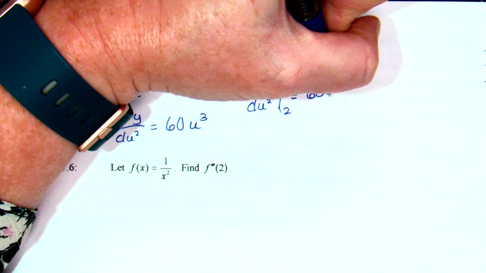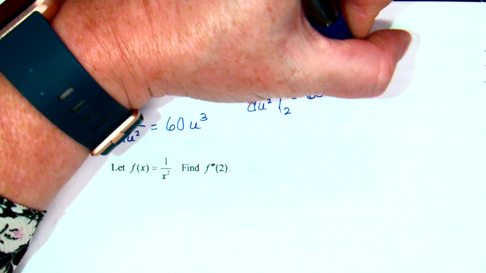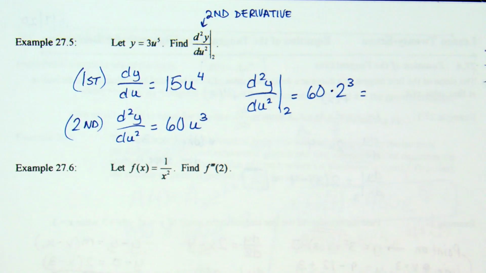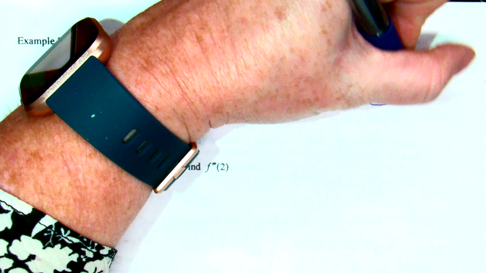So 60 times 2 to the third. What is 60 times 2 to the third? 2 to the third is 8. 8 times 6 is 48. Tack on a 0. 480.